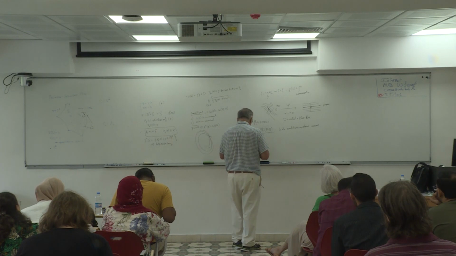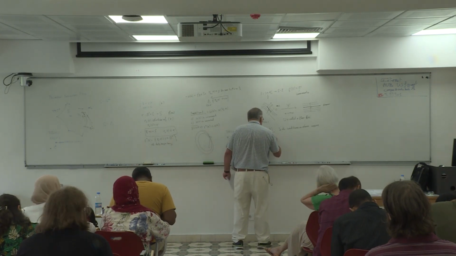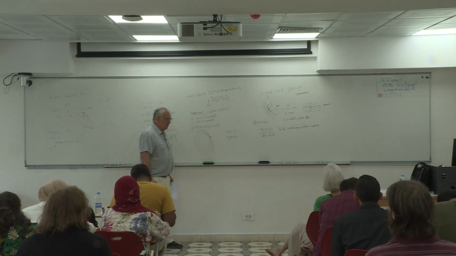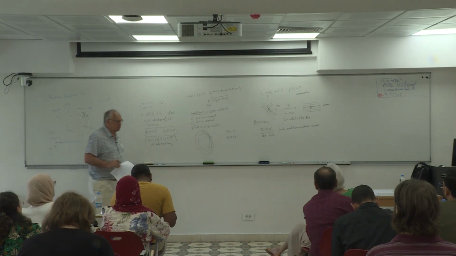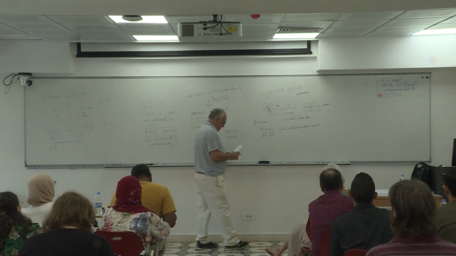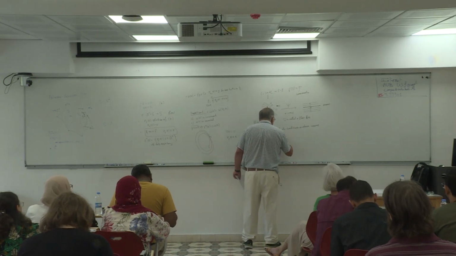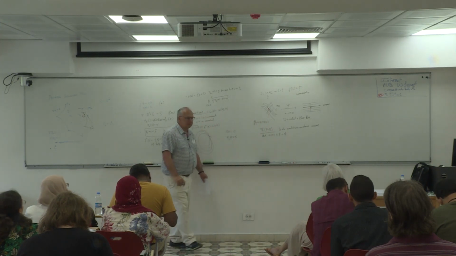Suppose that the limit set of the trajectory which passes through point x does not intersect the set of equilibrium points.